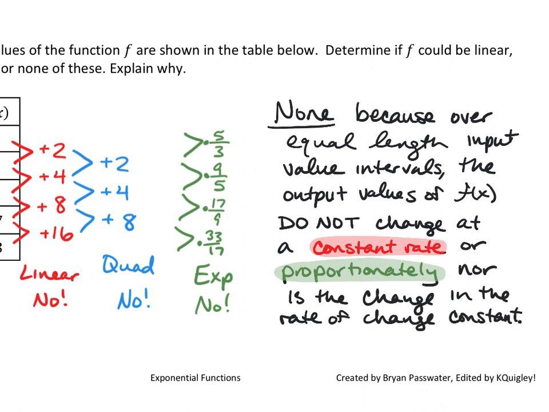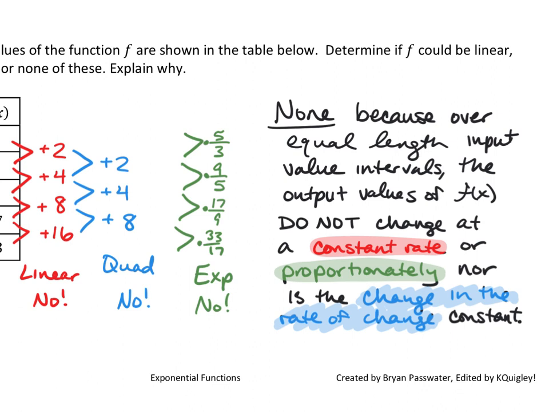But if we want to talk about something for a quadratic, we are talking about the change in the rate of change. That was going to be the words that you're looking for to talk about something being quadratic, that the change in the rate of change is constant, which is a lot of words that sound very similar. Change in the rate of change is constant talks about quadratic.